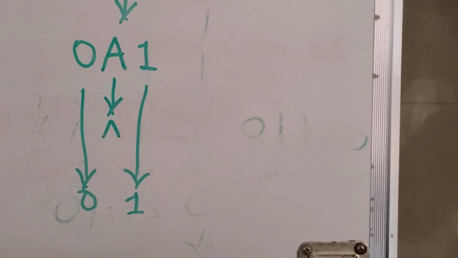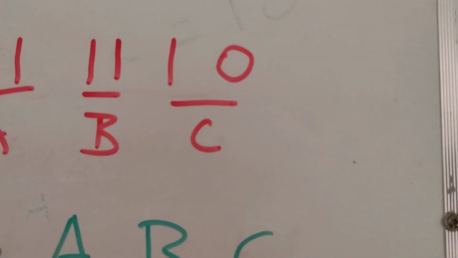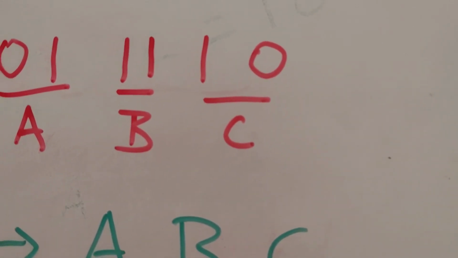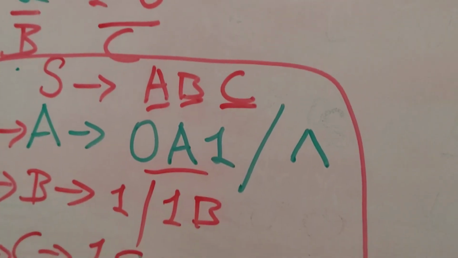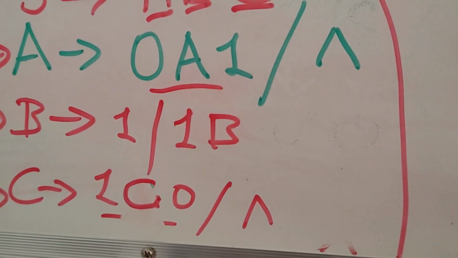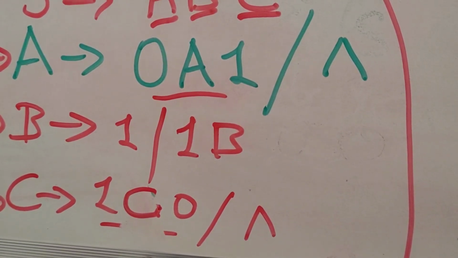Now the next turn is for B. For B, what do we want to derive? For B we want to derive double 1, right? Is there any production for B in which I can derive B multiple times? Yes, the second statement is there, in which I can derive B multiple times.